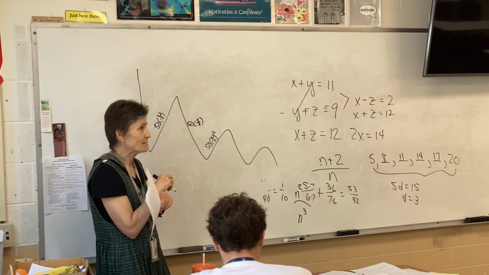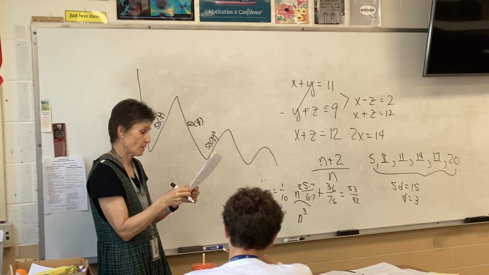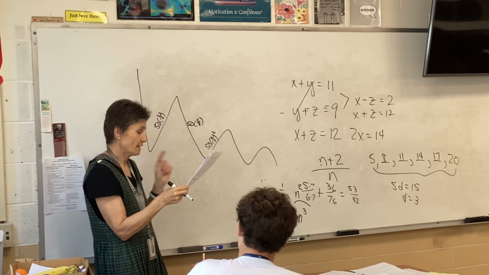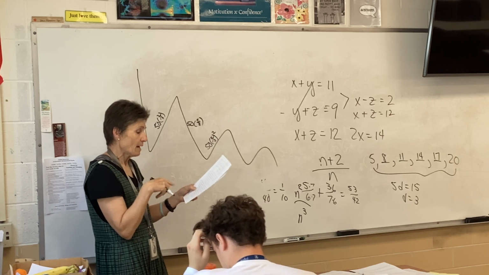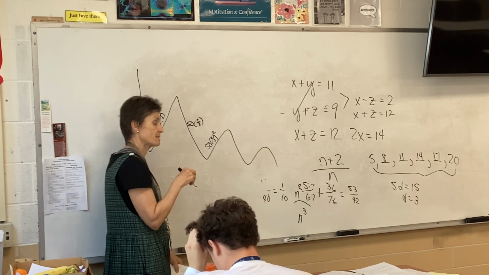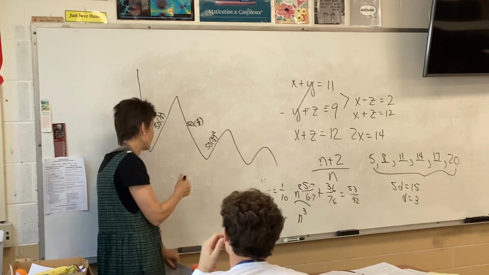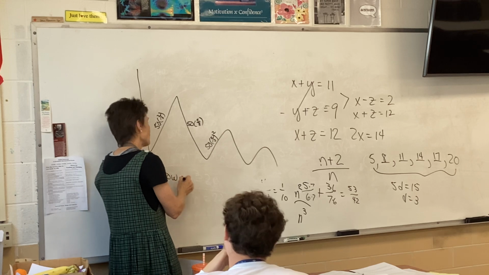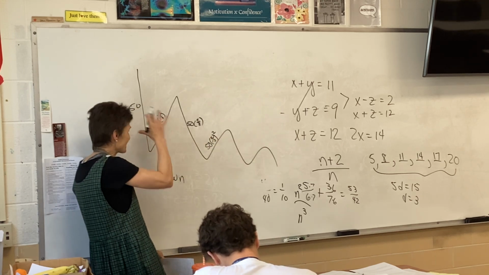So who remembers how we did this yesterday? Or let it go until it comes to rest. Oh wait, let's do B first, because that's the question I just asked, and then we'll do A. How far does it travel before coming to rest? That's exactly what we did yesterday. What did we do? We looked at the downs. This is really not a sequence, because you've got repeated terms in there, so you have to kind of separate it.